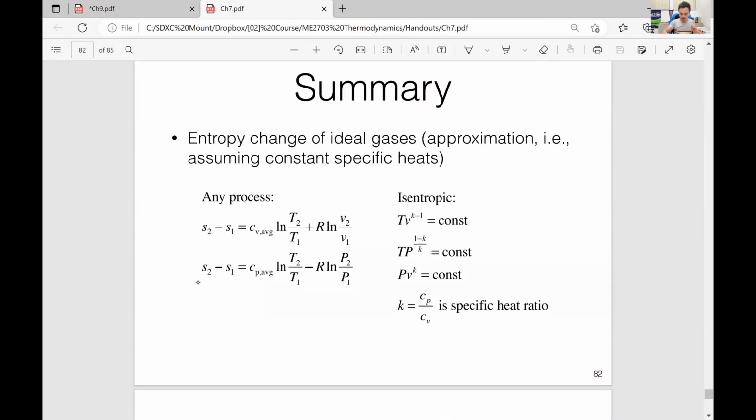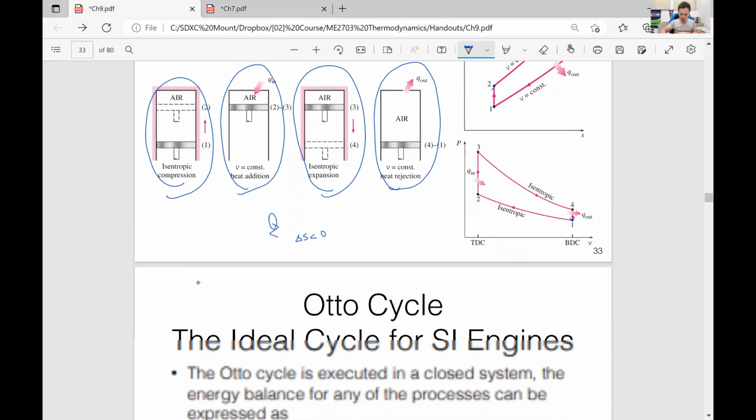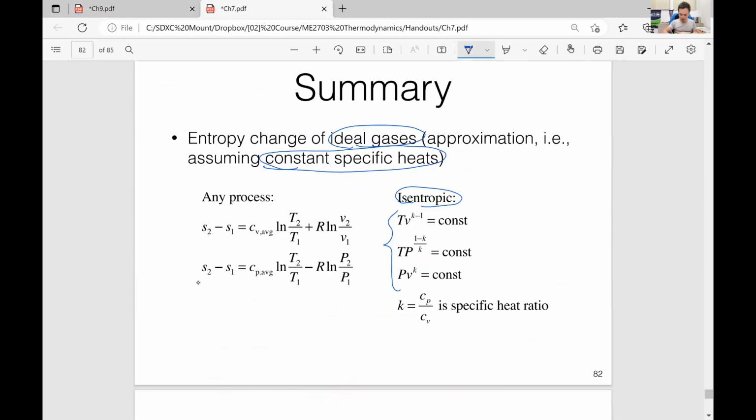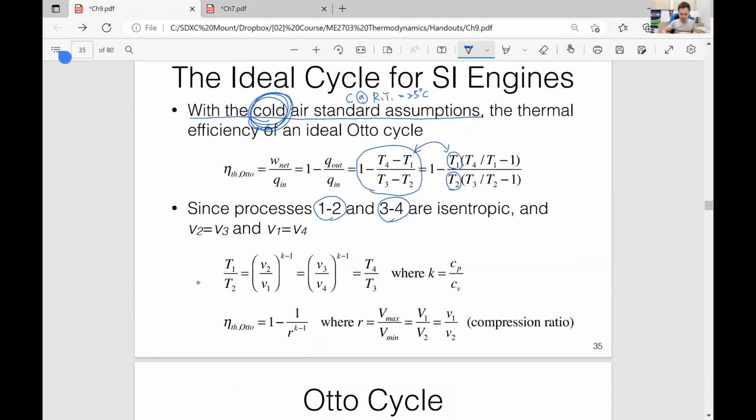Isentropic, ideal gas, constant specific heat. So we have these three equations to use. Okay, so now here we are using the T-V relation, T V to the K minus 1.